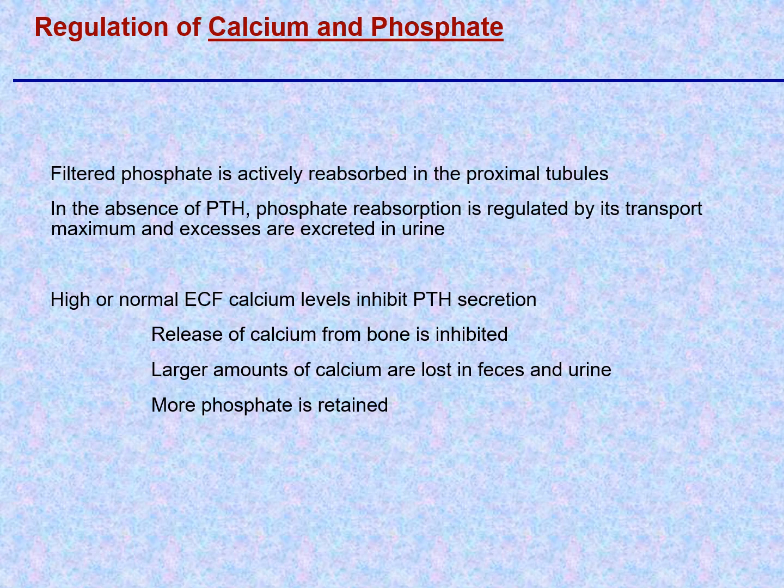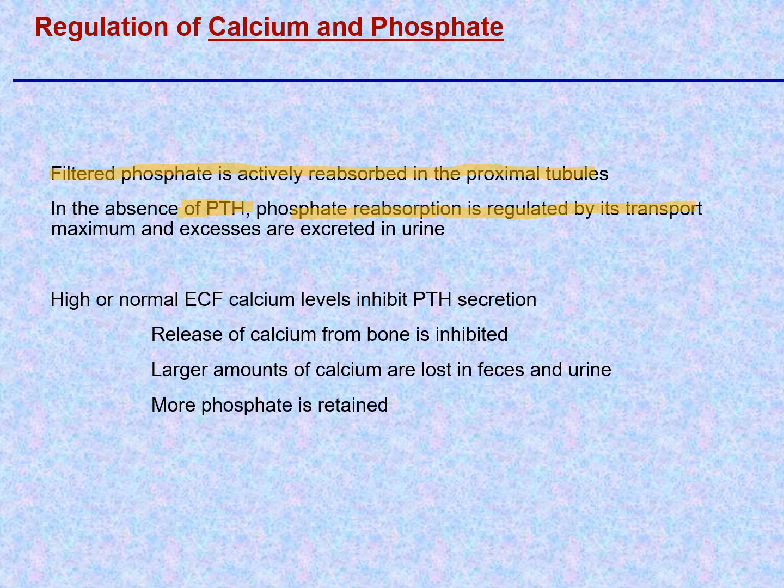Now, normally when phosphate gets into the filtrate, it gets actively reabsorbed in the proximal convoluted tubules. And if there isn't any PTH around, then phosphate reabsorption is regulated by transport mechanisms, and as long as they're not saturated, the phosphate gets reabsorbed.